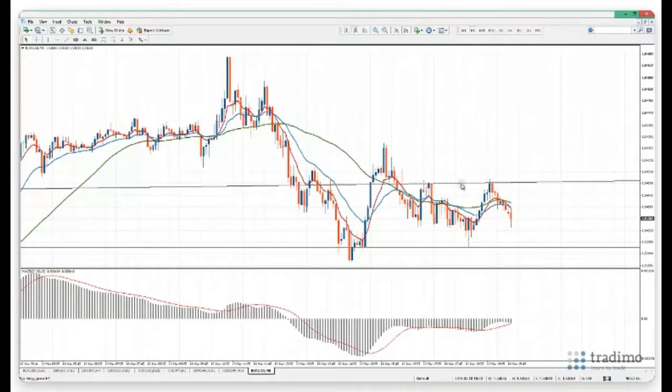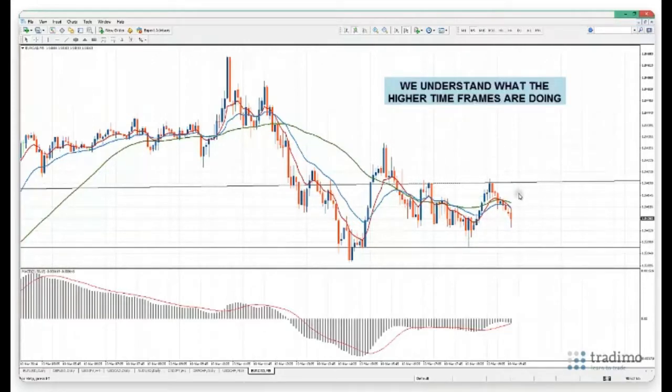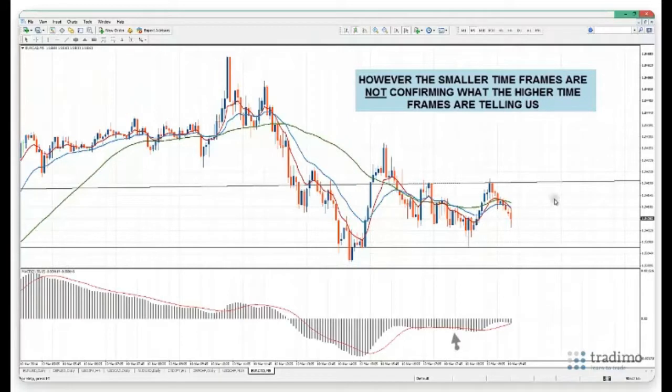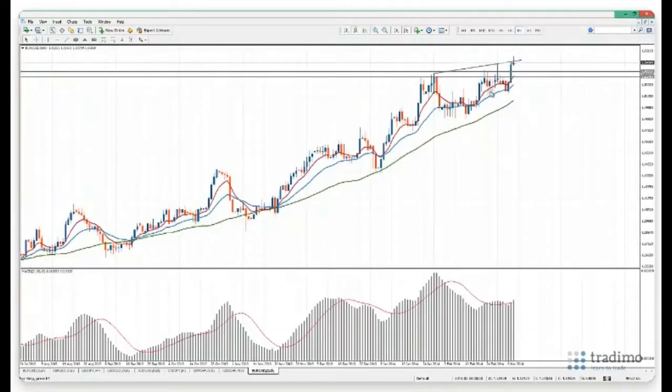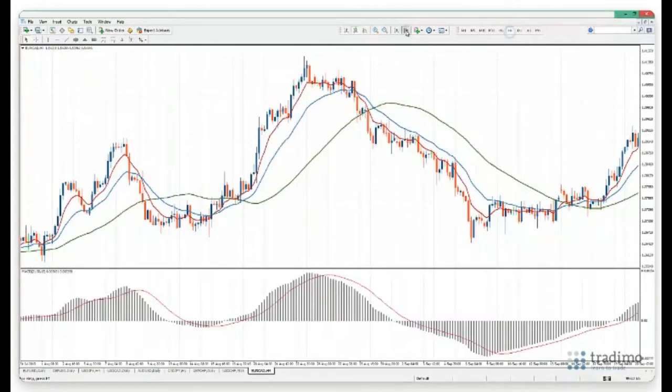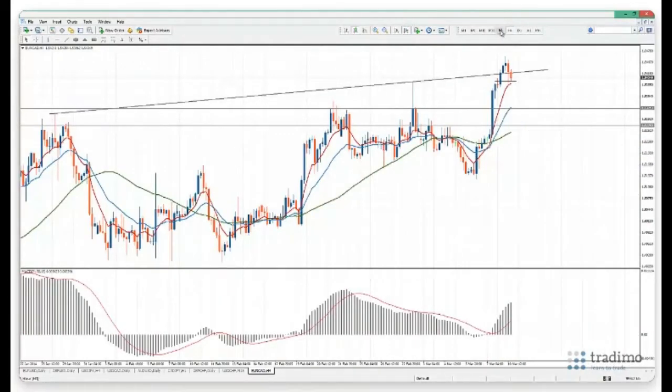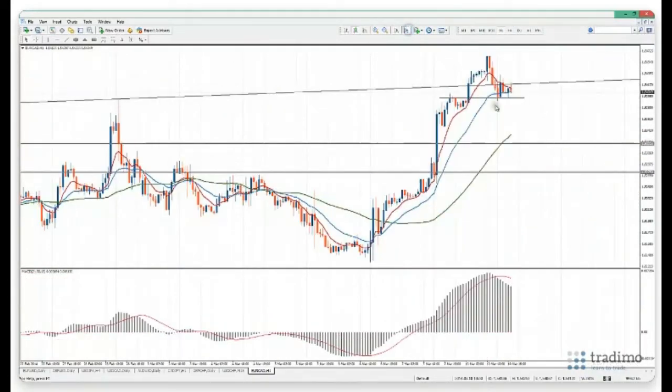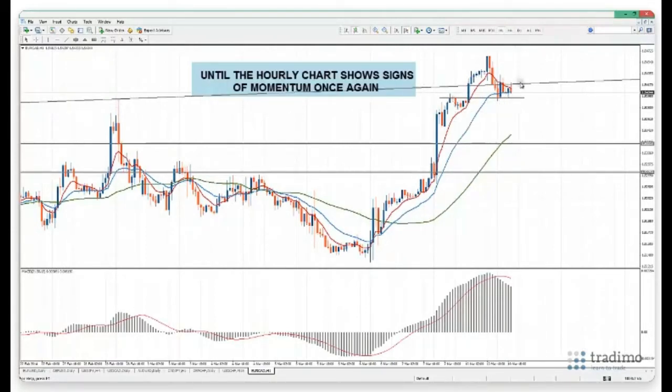So in this pair, we understand what the higher time frame is doing, but the smaller time frame is not confirming either the key resistance, looking for selling opportunities, or the strong uptrend that we're seeing on the daily chart, the 4-hour chart, and the hourly chart starting to slow down now, until the hourly momentum starts to kick in again and the trend reasserts itself strong.